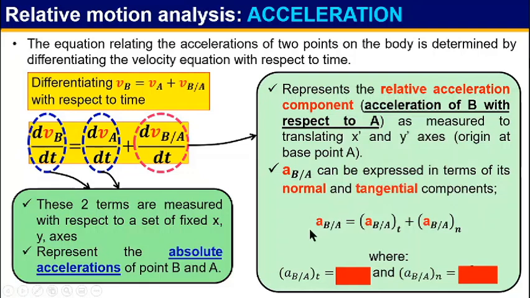So, ABA equals ABAT plus ABAN, where ABAT equals and ABAN equals, you already learned this in previous chapters. So please memorize this equation.